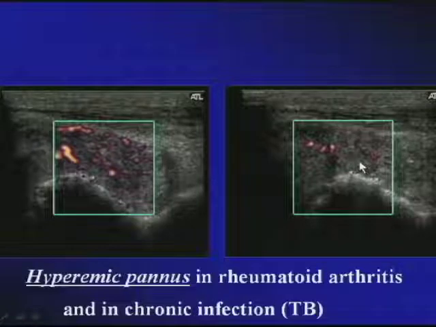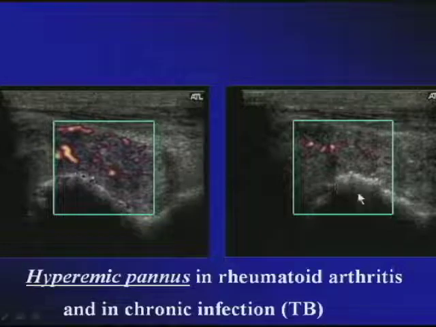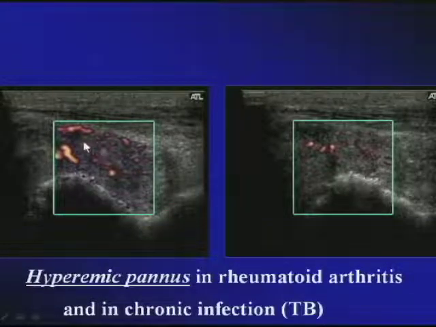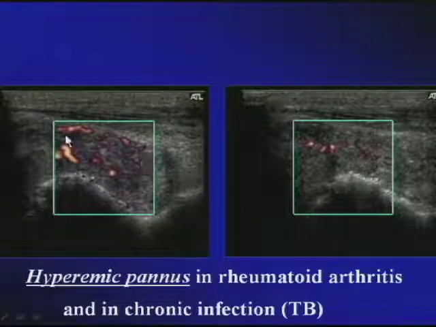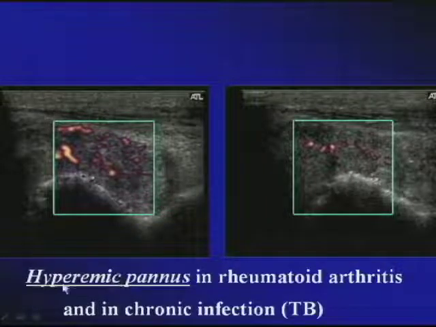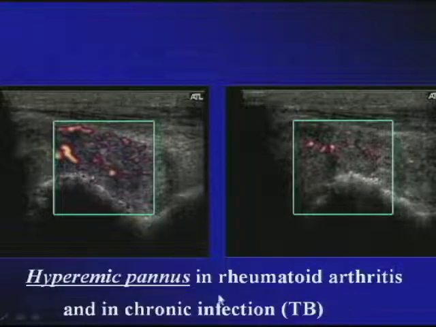Note one more time that what is usually pristine and very smooth cortex shows you some irregularity in response to the hypervascularity and the chronicity and inflammation that occurs in these individuals. The differential diagnosis, a very short list, would include hypervascular or hyperemic pannus in rheumatoid arthritis, but also in chronic infections such as tuberculosis.